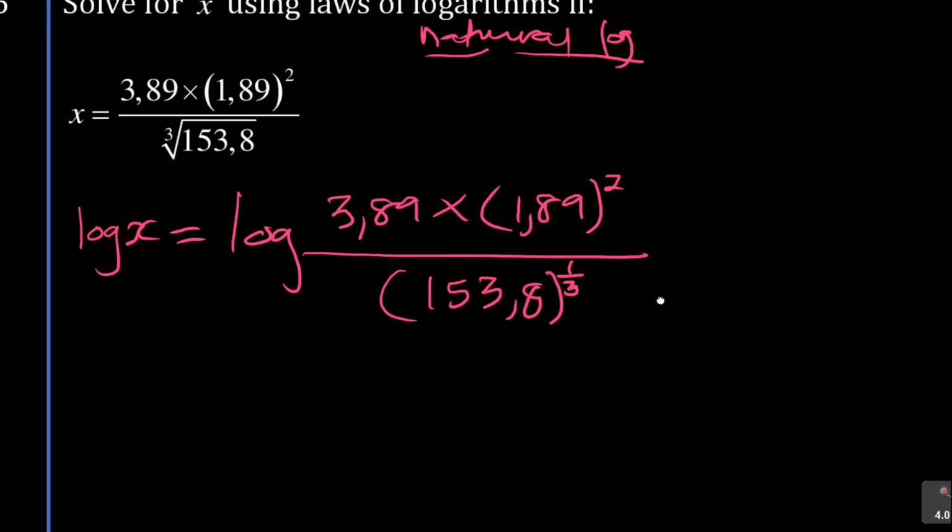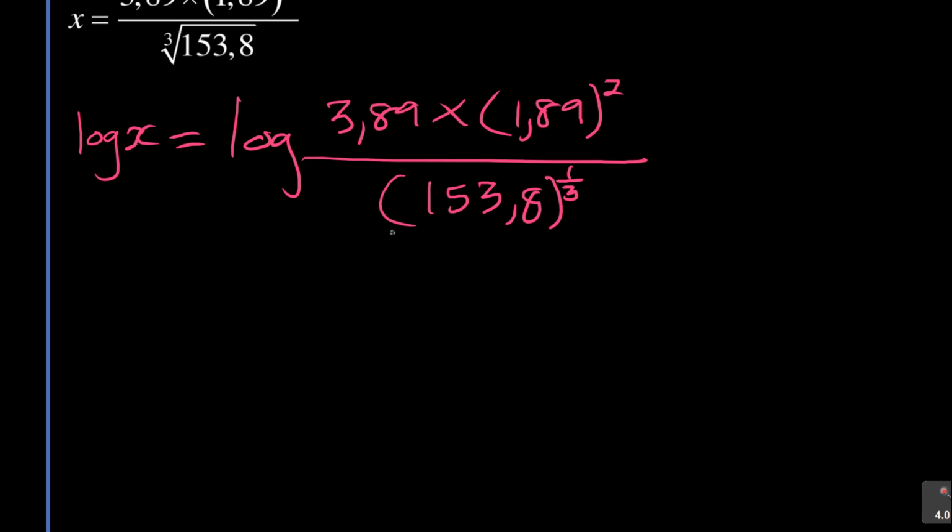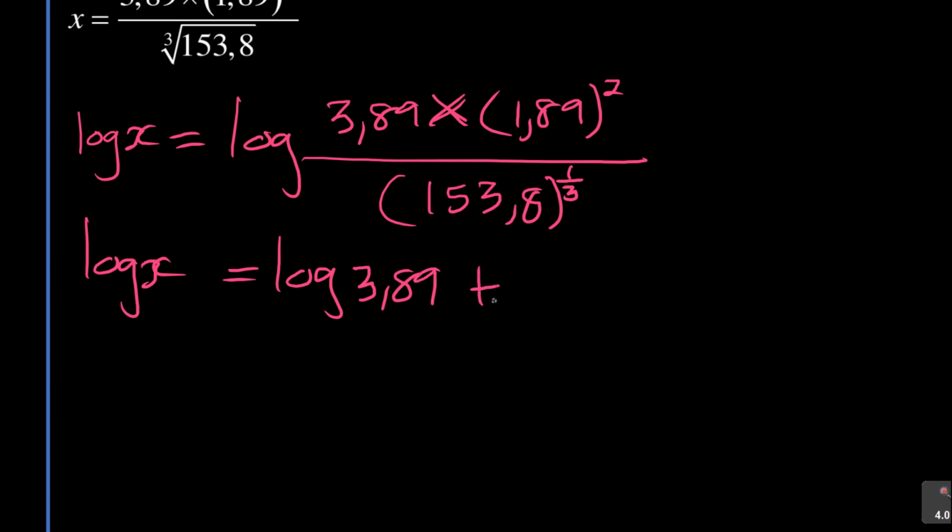Then you must apply the rules of logarithms. What are the rules saying? If you continue here with your log x is equal to, now log says when I multiply, I must add the logs. So you do this, log 3,89. The times means plus.